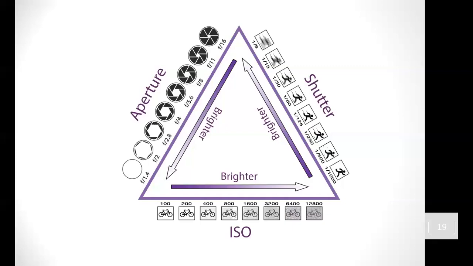So if you want brighter photos, you will have to reduce your f number. If you increase your f number, the photos will not be brighter, they will be lighter in color.